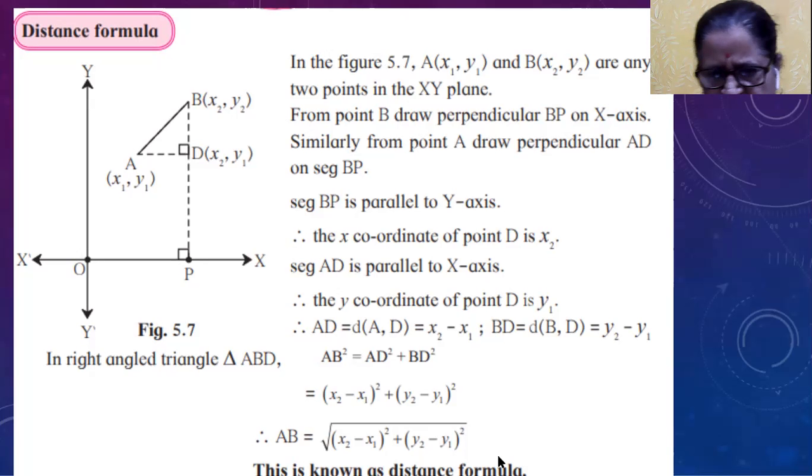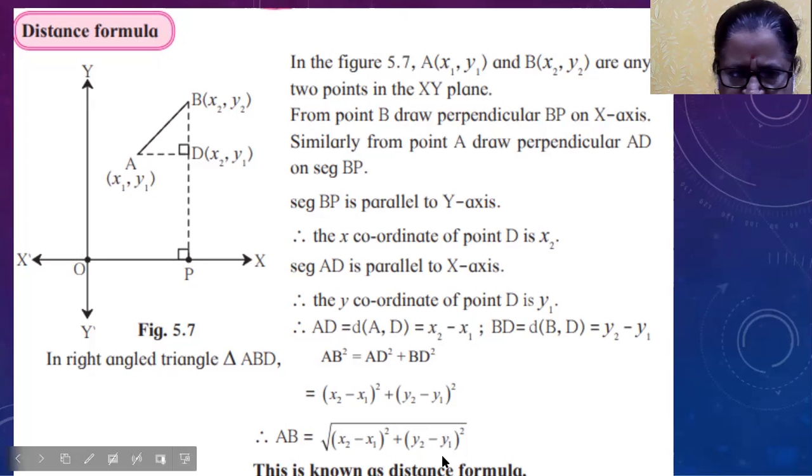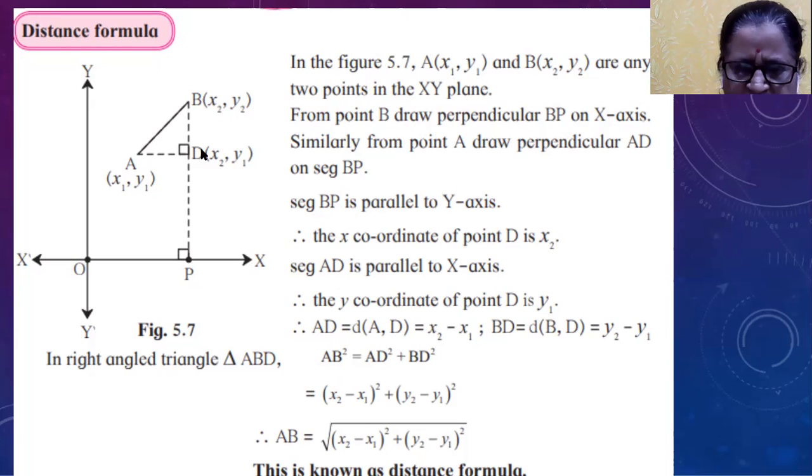Then according to the right angle triangle ABD, by the Pythagoras theorem, AB square, the hypotenuse, is equal to AD square plus BD square. So AD we have taken as x2 minus x1, and the BD distance is y2 minus y1.